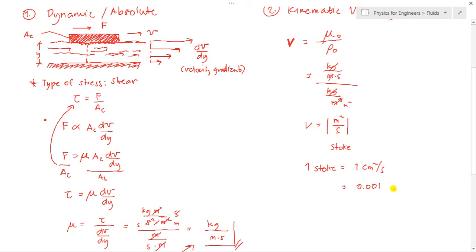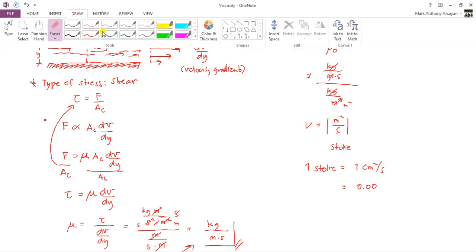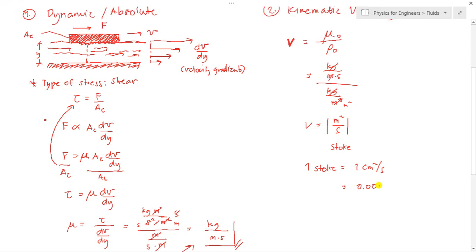Ato check ha, verify nato. 1/100 squared, I think 0.0001. So 0.0001 meter squared per second. Importante kaayo nga mga conversions.